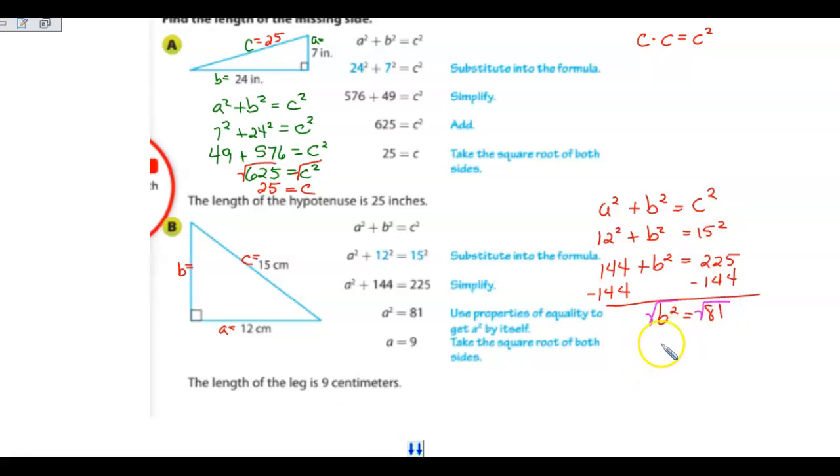And what I do to one side, I have to do to the other. So the square root of b squared is b. The square root of 81 is 9. So that means that my missing side is 9 centimeters.